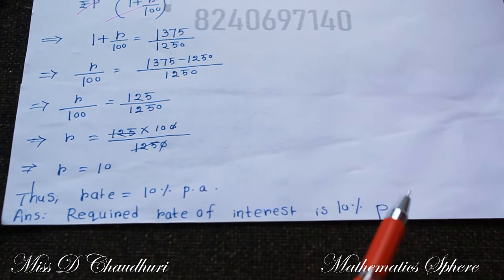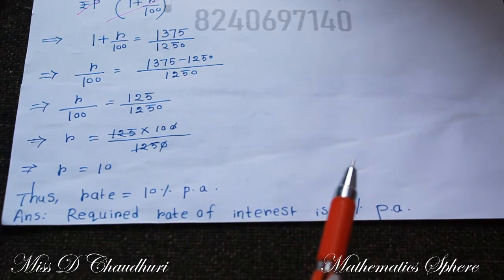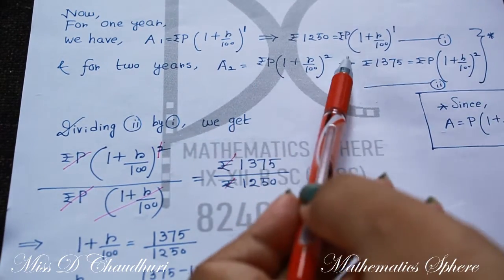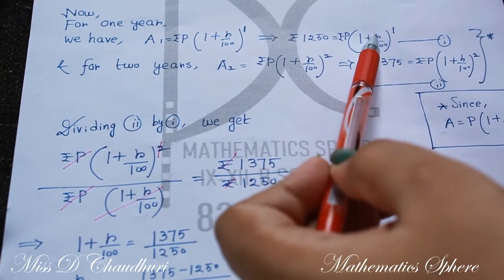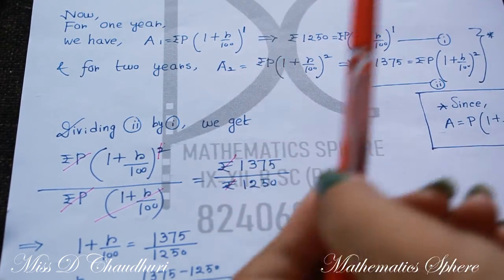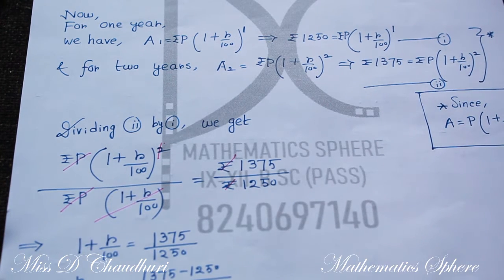Now if in this question they had asked you the principal, then like the last sum, in 1 or 2, I will prefer 1 only. So in this one equation you put the value of R, you shift this thing to that side, you will get the value of P. These sums are very easy, but you will have to remember the mechanism.